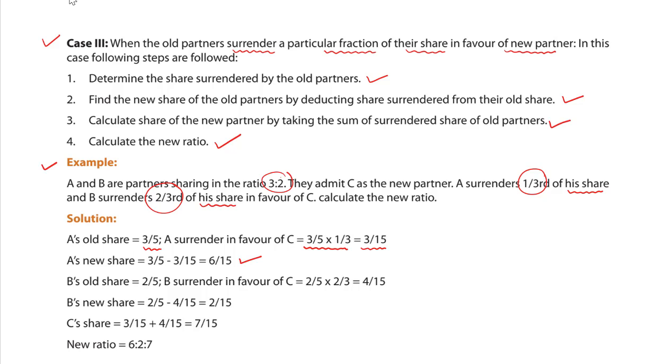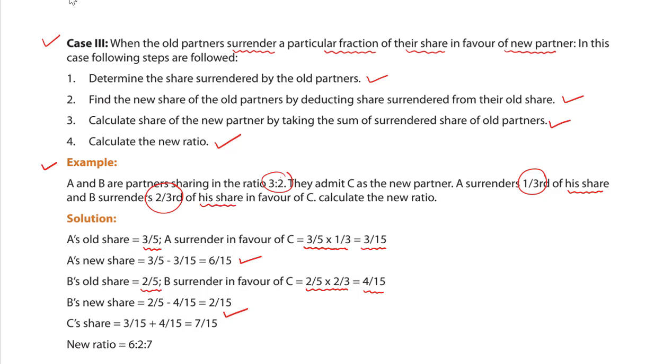B's old share is 2/5. Out of 2/5, the share surrendered is 2/3 of 2/5. 2/5 multiplied by 2/3 is 4/15. B's new share would be 2/5 minus 4/15, that is 2/15.